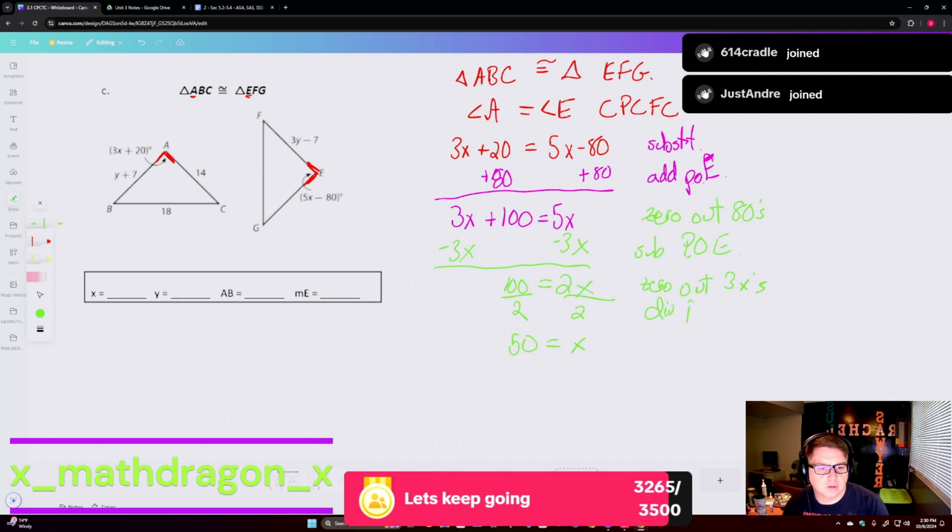That's division property of equality. And we are wanting to 1 out the 2's. So x equals 50. Substitute it back in. And you should get 150... 250... What am I missing? So what is it? 150, 170. My bad. 170 is the answer. So 170 degrees is what angle E should be.